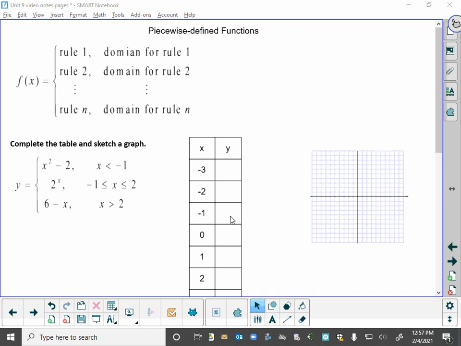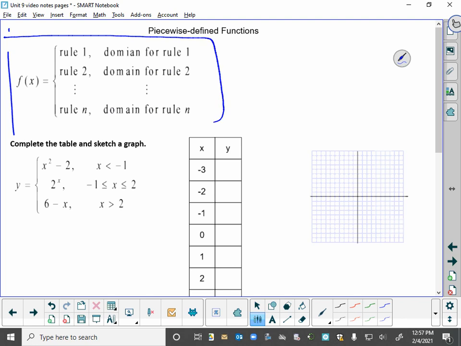And so the structure for a piecewise defined function is this thing right here. What we do is we have those rules for the relationships that tell you how you change the input into the output. And then each one of those actually has a domain. And sometimes they even spell domain correctly.